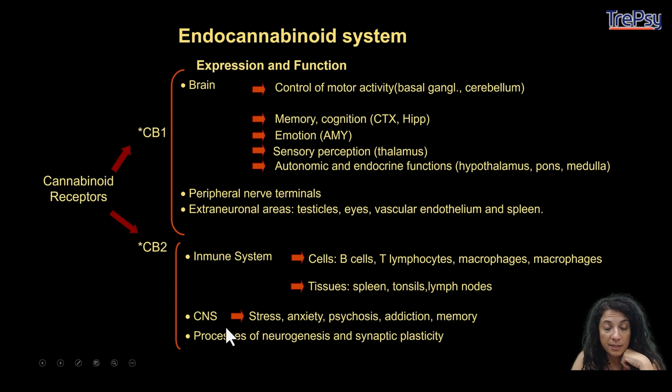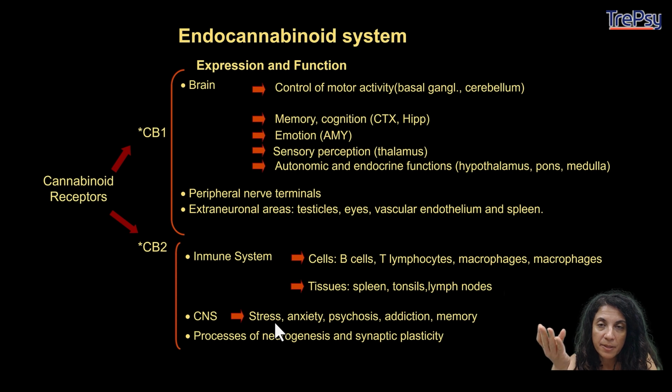In the central nervous system, I can act on the CB2 receptor and modulate stress, anxiety, psychosis, addiction, and memory, and the process of neurogenesis and synaptic plasticity.